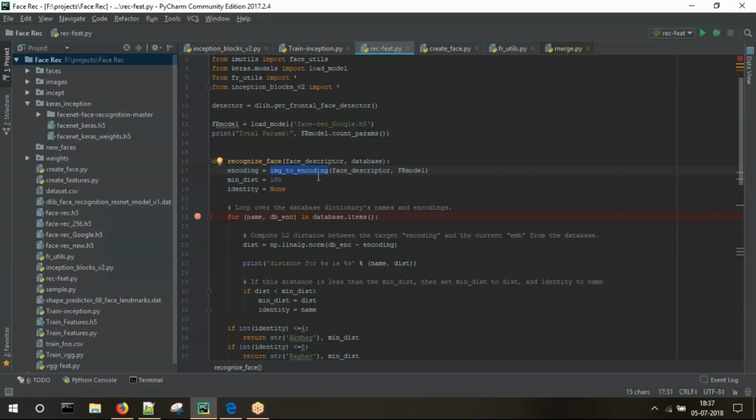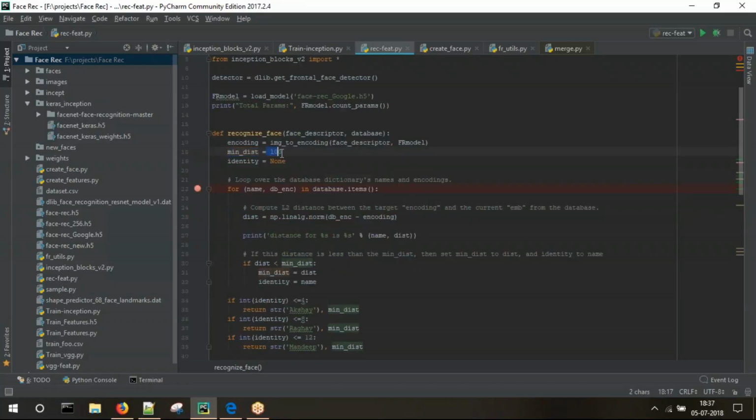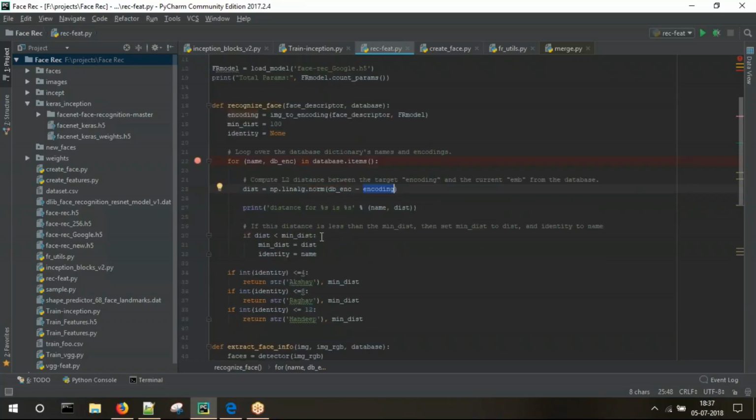So I'm converting my image to encoding, and I want to make sure that the distance is small. I got the encoding. Now I am getting the distance between this encoding from the database and the encoding that I've already calculated using this function, and I want to make sure that it is smaller than some minimum distance.